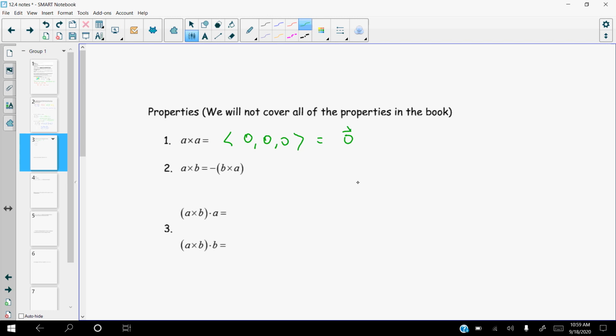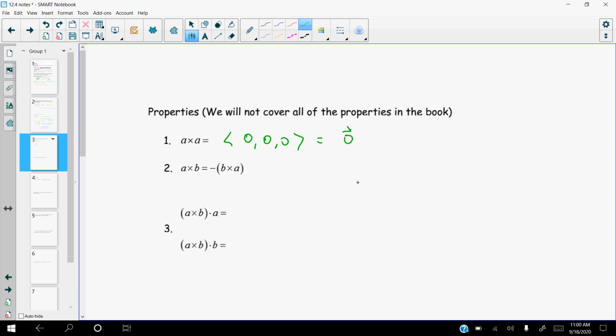If we take A cross B, it is not the same as B cross A. As a matter of fact, it will give you exactly the opposite sign. So switching the order of the vectors that you cross, so if you were supposed to cross A and B, A cross B, but you accidentally wrote the B vector in the second row instead of the A vector, it will give you exactly the opposite answer.